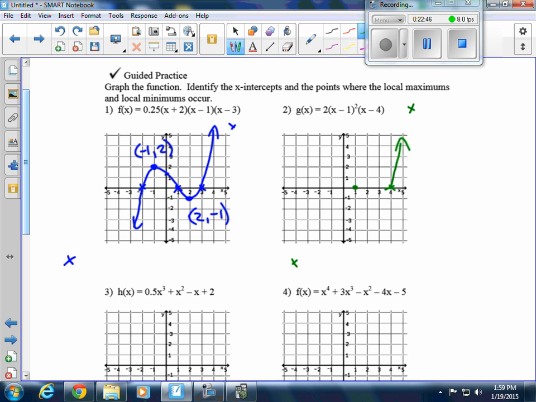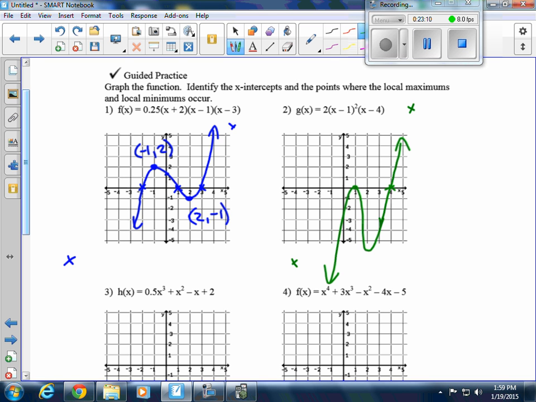It's going to go down this way. And then it's going to bounce back up here and go back down. Okay, so there's the general graph of what that's going to look like. So again, the x-intercepts, 1, 0, and 4, 0. Then they ask us for a local maximum and a local minimum.